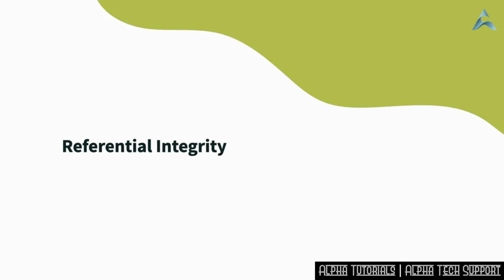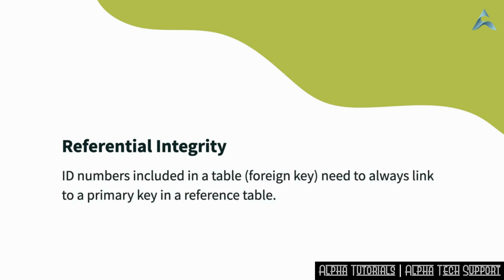Just like the database integrity constraint we discussed earlier called entity integrity, which says that every row needs to be uniquely identified with a primary key, there's another constraint we need to maintain called referential integrity. This rule says that we can't have ID numbers or foreign keys in our other tables pointing to primary key values that don't exist in our database anymore.